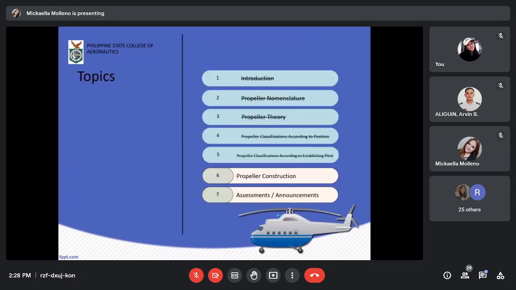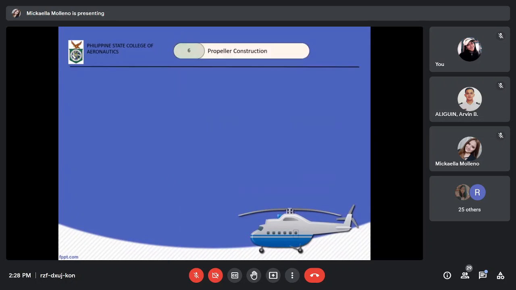So, we move forward to our last topic, which is propeller construction. The first one is wood, of course. The main advantage of wood is that it is flexible, strong, and can absorb vibrations well.